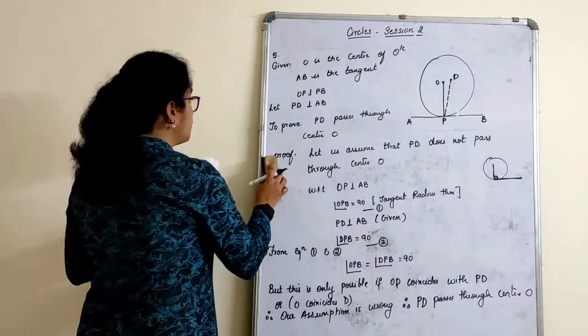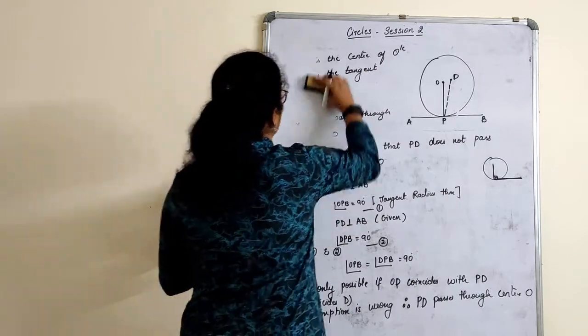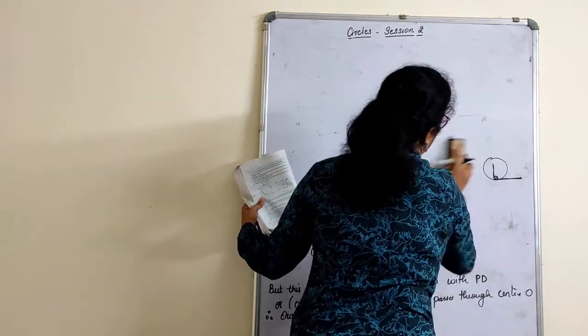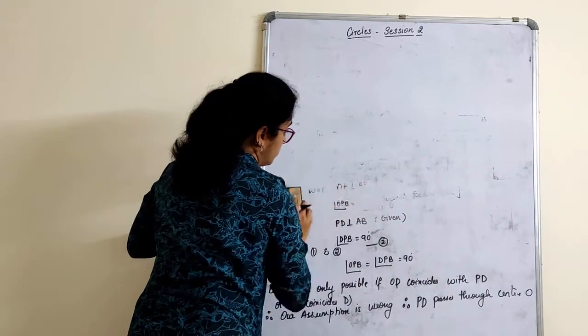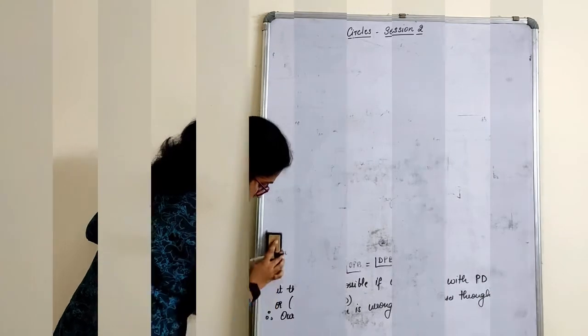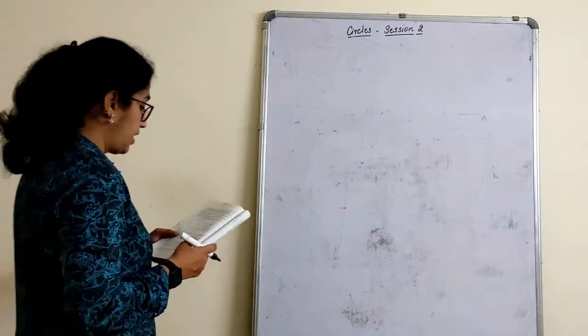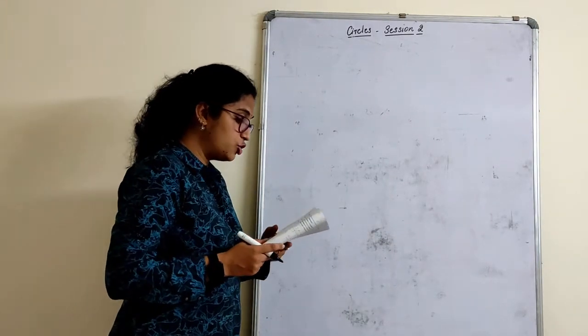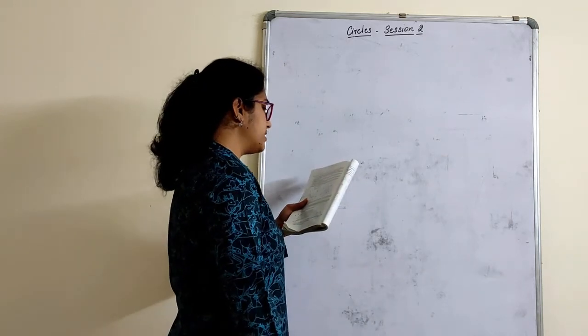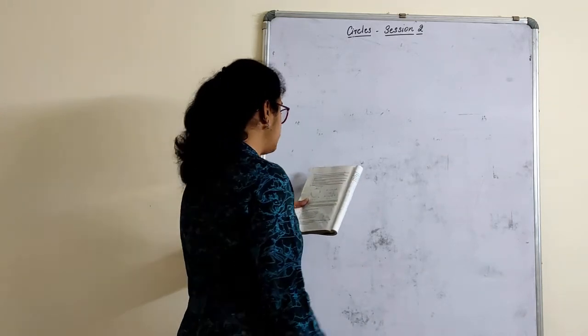To find the length of the tangent from a point A at a distance 5 cm from the center of the circle is 4 cm.